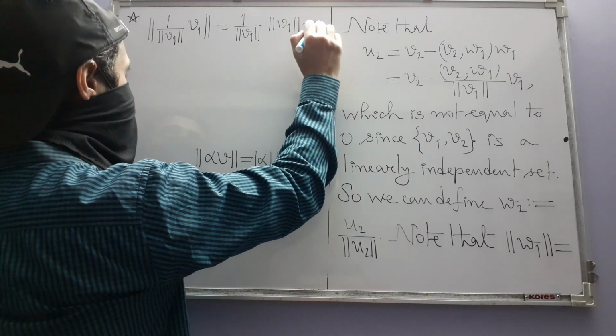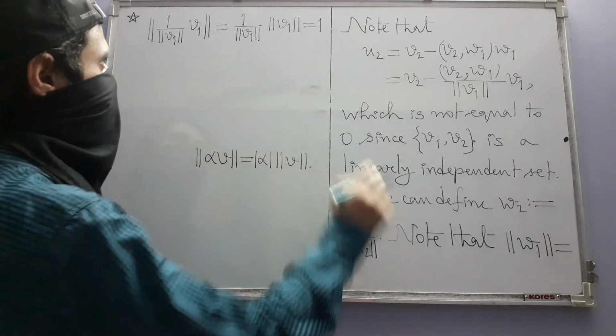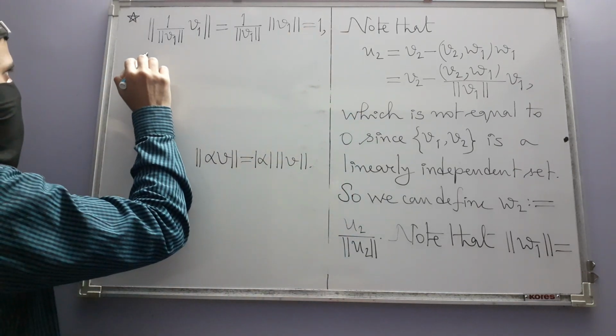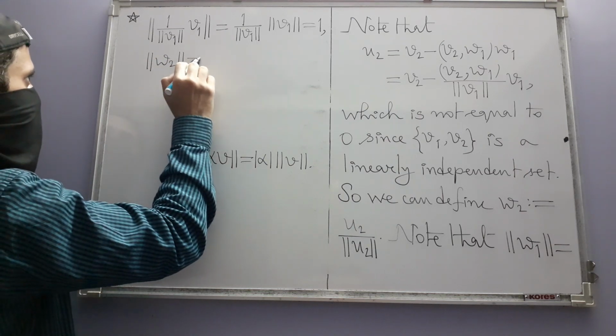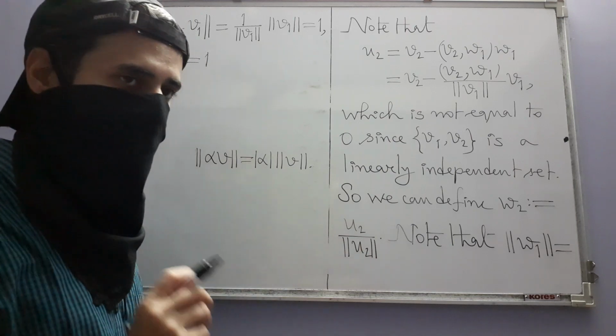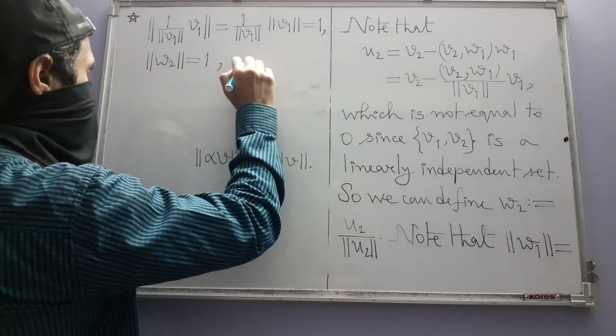So you can see that this is actually equal to 1 because they cancel out. So this is one thing. Similarly, this is also 1. You know why? Because it also has the same form as W1.